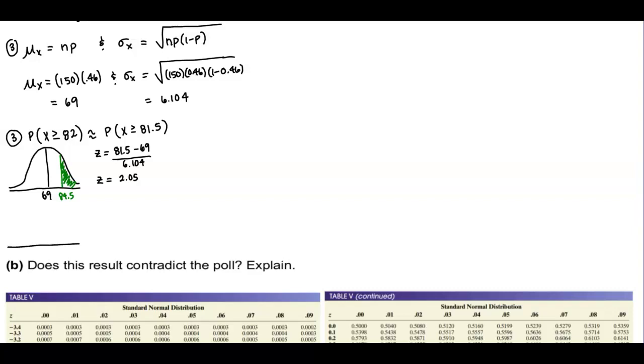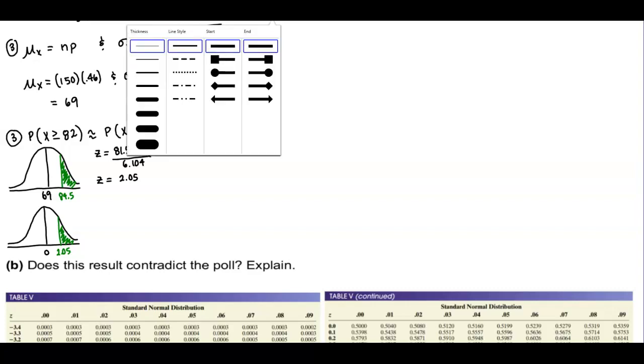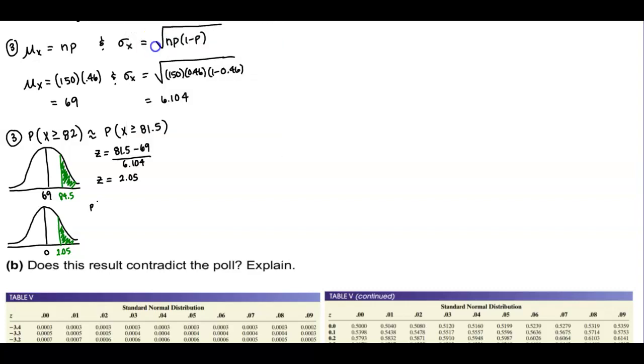Now when we convert this into a normal curve, we know that our mean now is 0, our z-score is 2.05, and we want to find the area that's to the right of that. So we want the probability that z is greater than or equal to 2.05. That means we're going to take 1 and subtract the area that's to the left of 2.05.